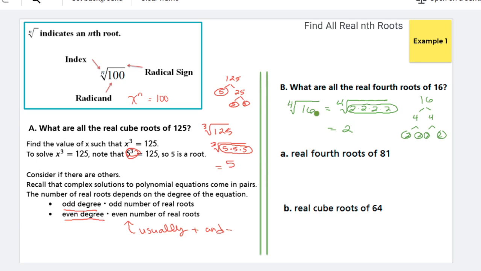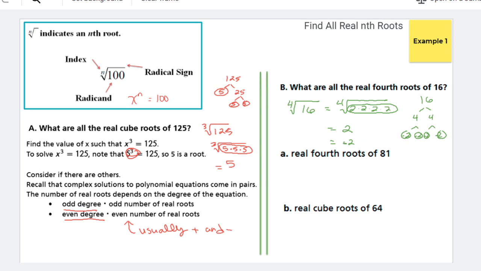Now, remember how we were talking about even and odd? Here I have an even degree, because I have the fourth for my index. That means I also need a -2. Because if I had 16, I could look at it as 4 times 4, but can't this also be -2 times -2 to make 4, and -2 times -2 to make 4?